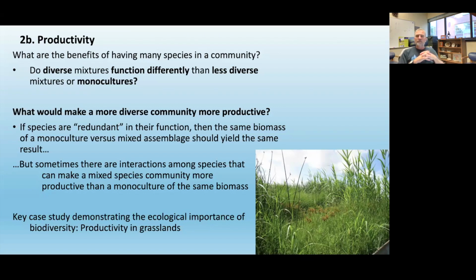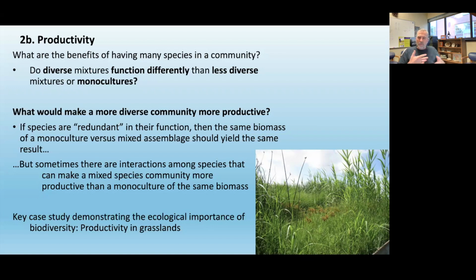Well, if species are redundant in their function, then the same biomass of a monoculture versus a mixed assemblage should yield the same result. But sometimes there are interactions among species that can make a mixed species community more productive for the same amount of biomass as a monoculture.